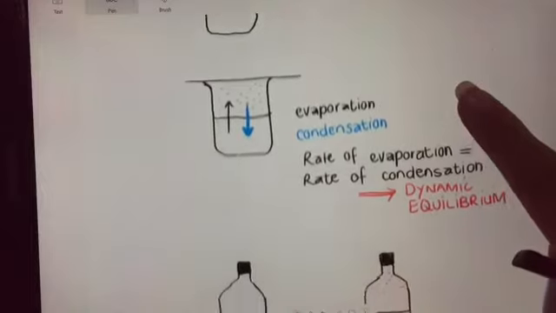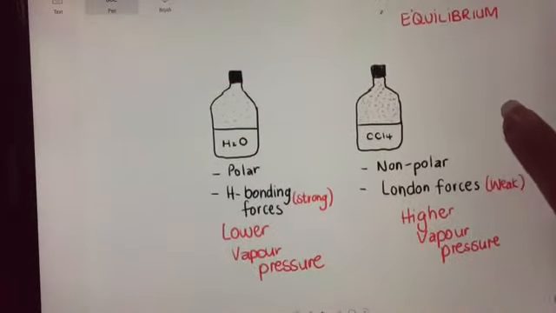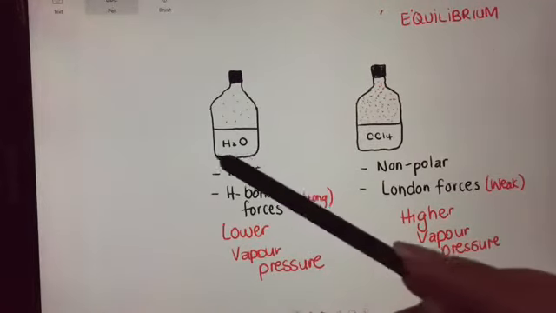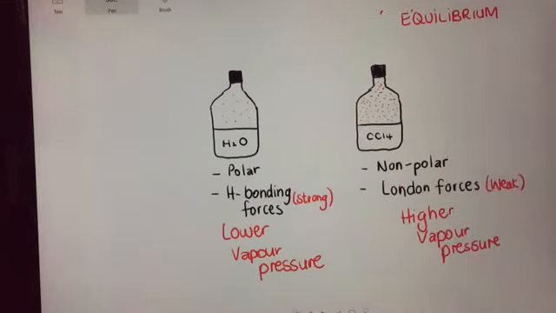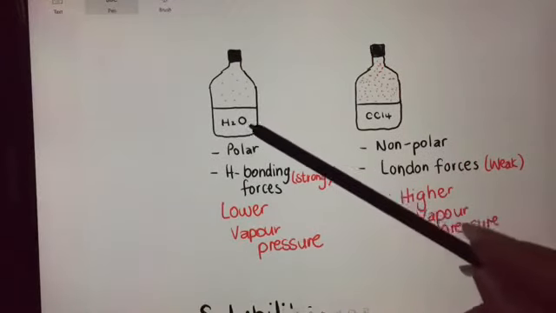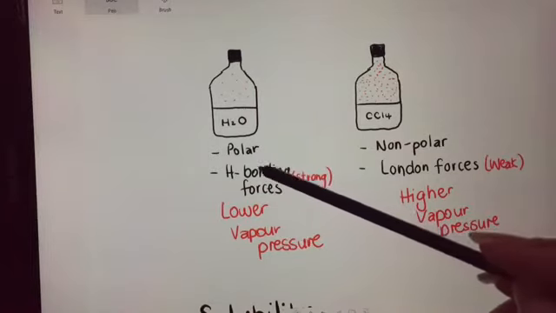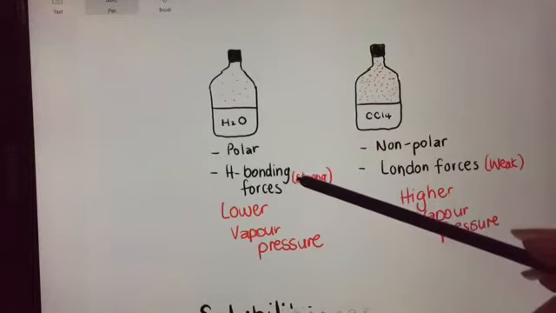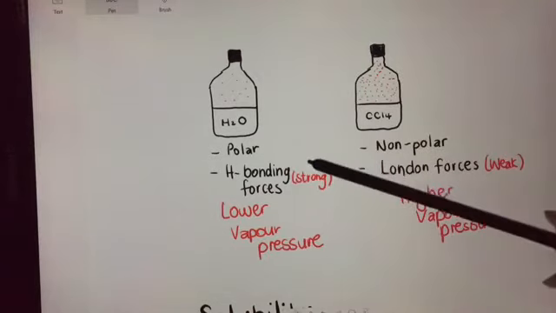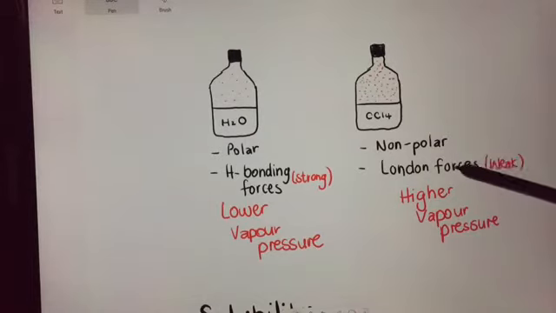And then just to bring in intermolecular forces, take a look at this example. Over there, I have a bottle with water, and there I have a bottle with carbon tetrachloride. We know that water molecules are polar, and the intermolecular forces there are hydrogen bonding forces, which are very strong. Compared to that, carbon tetrachloride molecules are non-polar, so between them we'll find London forces, which are weak forces.